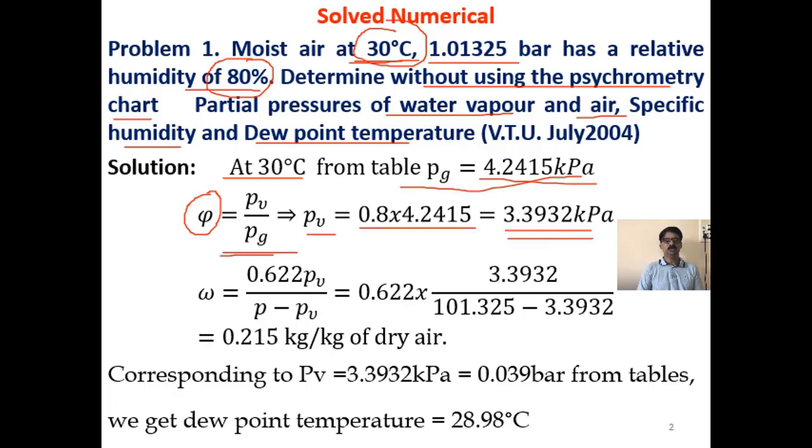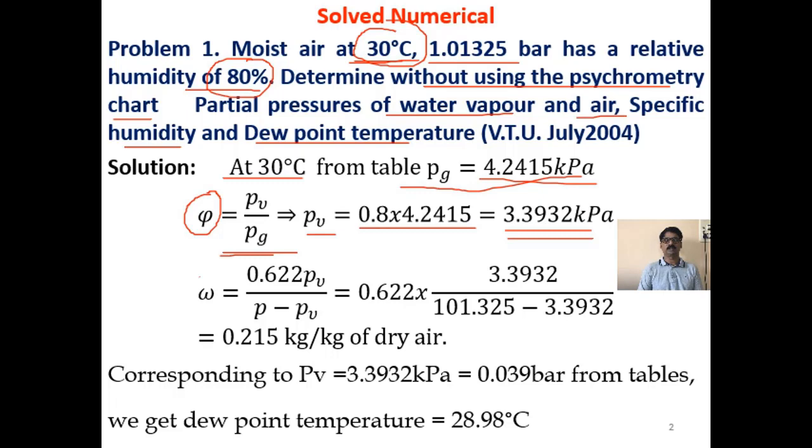Now omega, that is specific humidity. Now partial pressure of air is nothing but total pressure minus PV. PV you can directly find out. That is 1.01325 minus 3.3932. Okay, this is in bar.